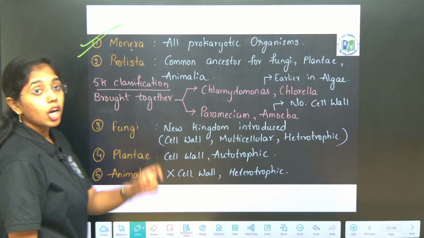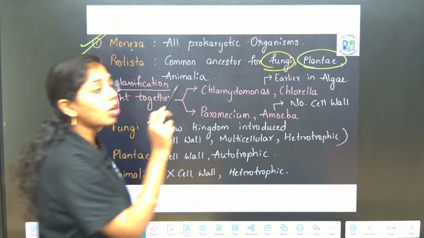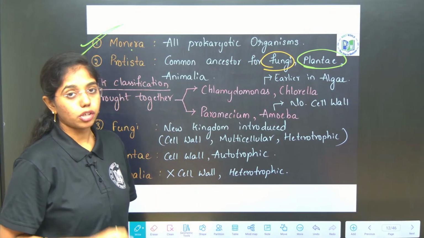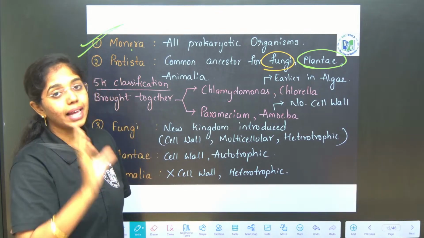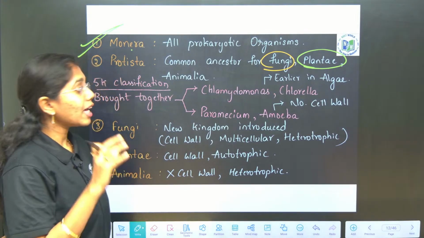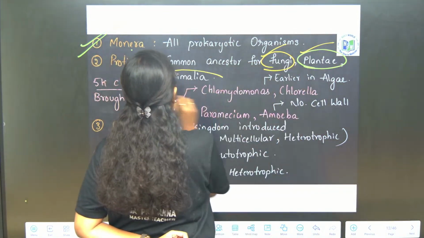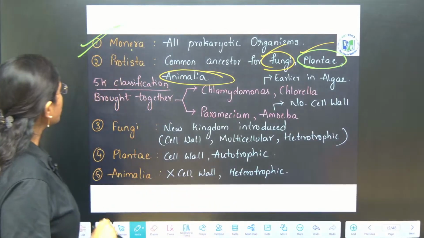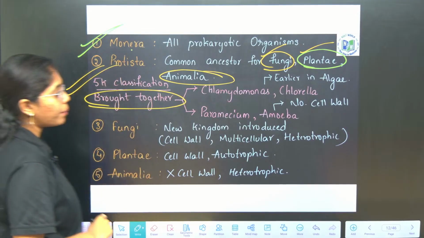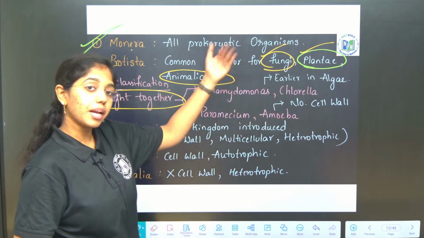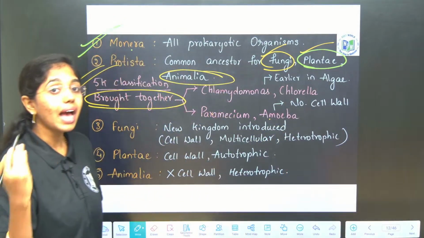Next, Protista is the common ancestor for fungi and Plantae, because Protista includes all unicellular eukaryotes. It consists of plant-like, animal-like and fungi-like protists, so they lay as common ancestors for kingdoms Fungi, Plantae and Animalia. The 5 kingdom system has brought together Chlamydomonas and Chlorella, earlier placed in algae, and Paramecium and Amoeba, earlier placed in Animalia.